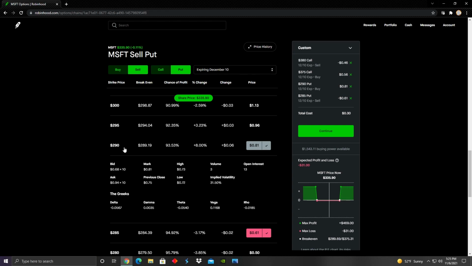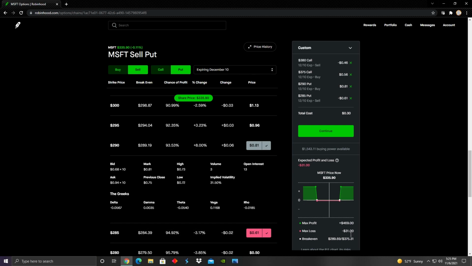So let's say the share price for Microsoft dropped to 289. What is that? 289.69. So if it dropped to 289.69, we would basically break even. So we can see right here, it says 289.69 would be our break even point.